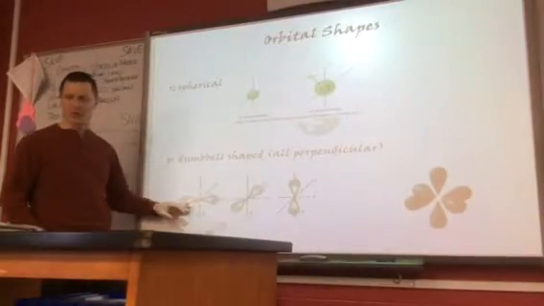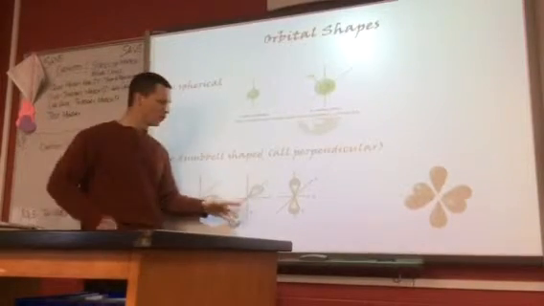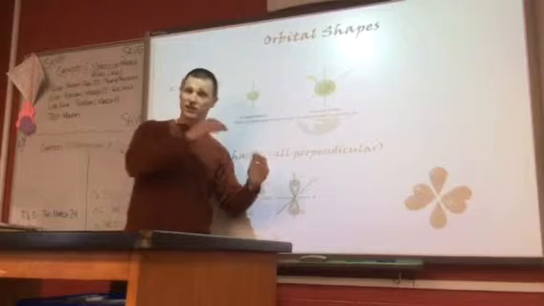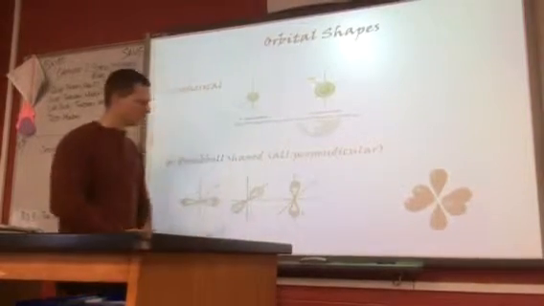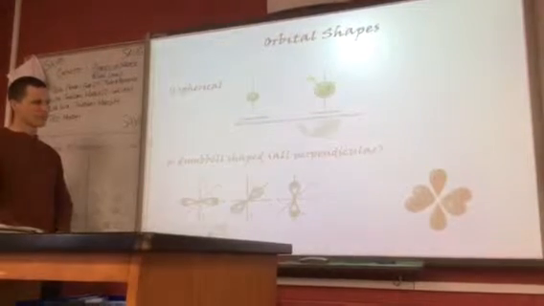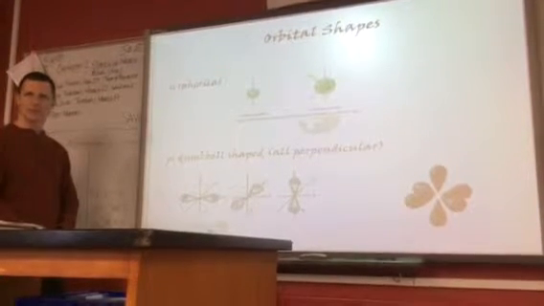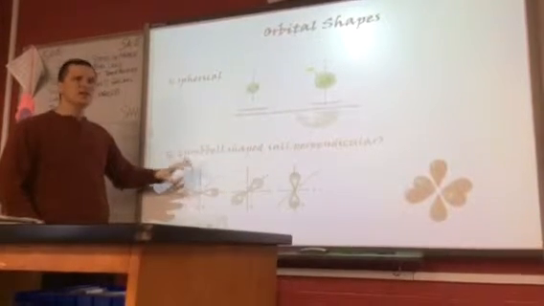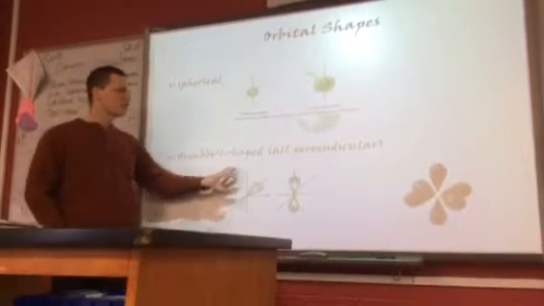One dumbbell shape going along the x-axis, one going along the y-axis, which is perpendicular to the x, and one along the z-axis, perpendicular to the x and y. So we would say that the P sublevel contains 3 orbitals.